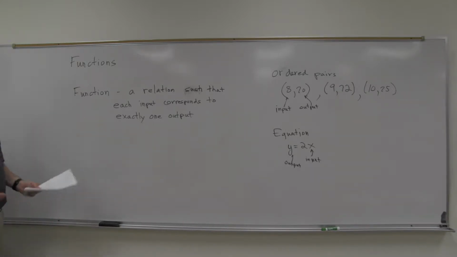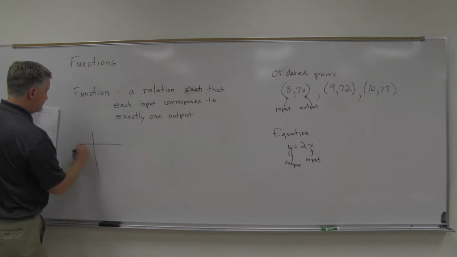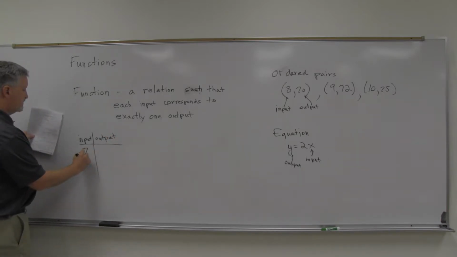Some of the ones I had listed were functions, and some of the ones I had listed weren't functions. But let's just go through a couple here, new ones. So let's say I've got an input and output table here. I've got 7 input, output 6, 8 input, 4 output, and then 9 goes with 2.